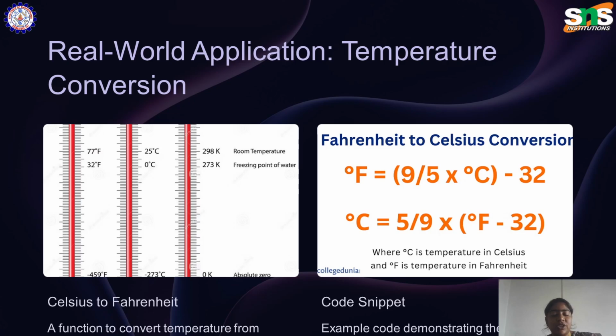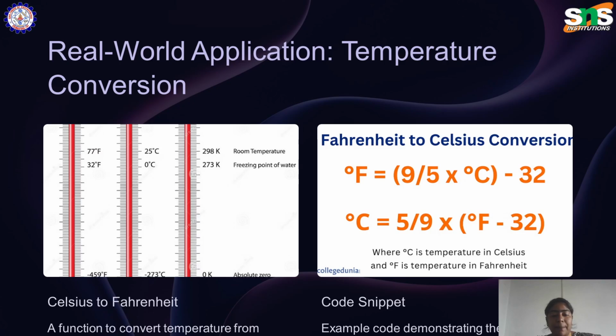A real world application: temperature conversion. Let's create a function to convert temperature from Celsius to Fahrenheit. You can work it out yourself using the below example: def celsius to fahrenheit, within a bracket you can give celsius, then parenthesis. What is the return value that we can give? Within a bracket we can give celsius multiplied by 9 by 5, and then outside the bracket we can give plus 32, which will return. temperature is equal to celsius to fahrenheit of 25.